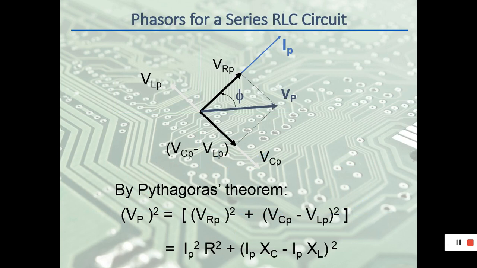This is the combination of all of these in the LRC circuit. If you draw the LRC circuit, we have VR, VL, and VC, and we get something like this, when the rotation is anti-clockwise.